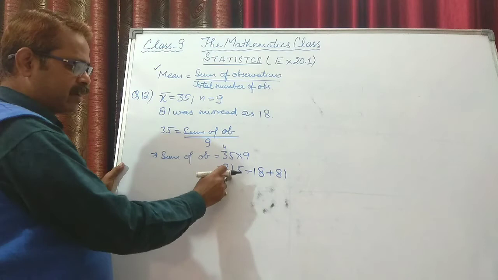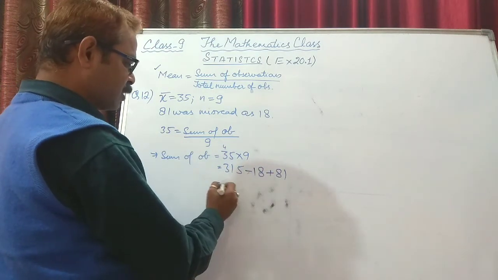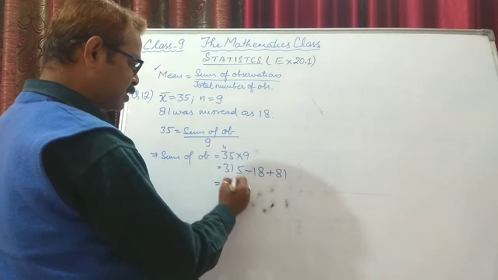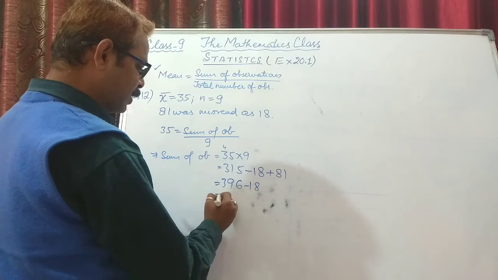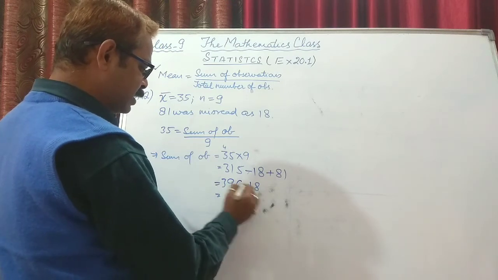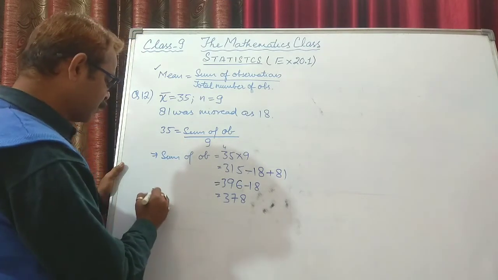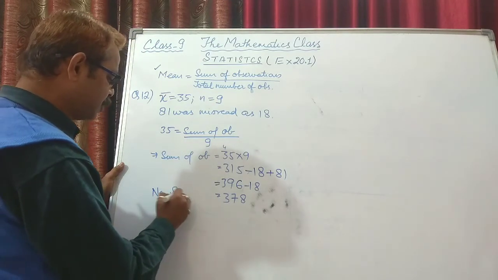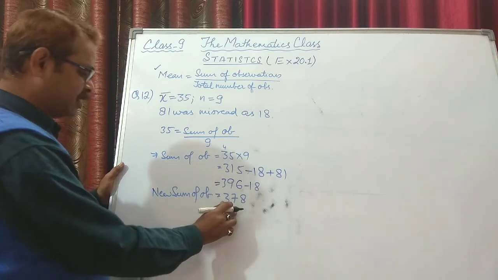So that is what I am doing: 315 minus 18 plus 81. That will be 396, minus 18 is 378. The new or correct sum of observations is 378.